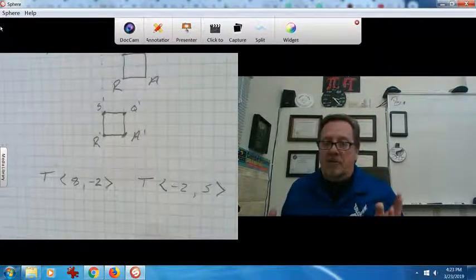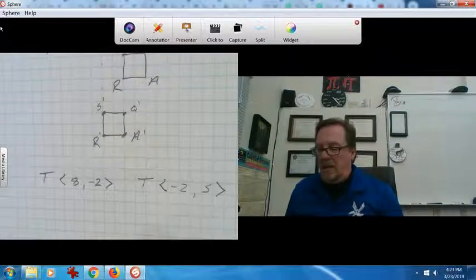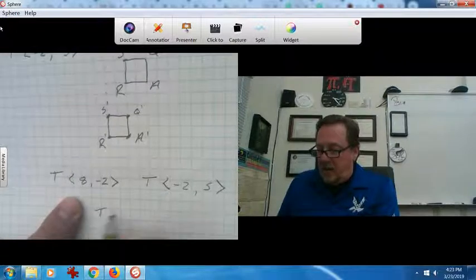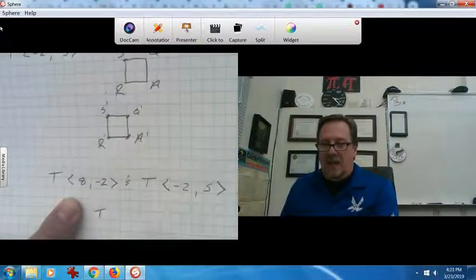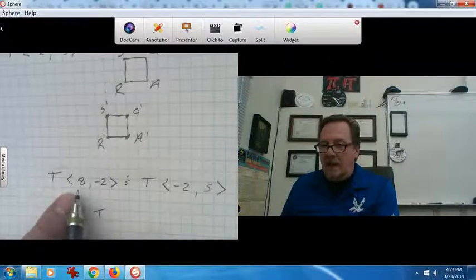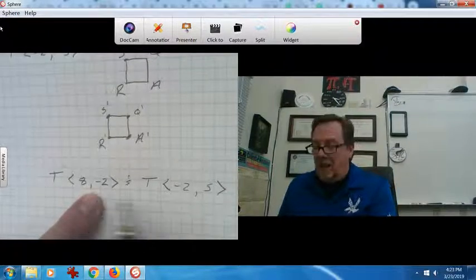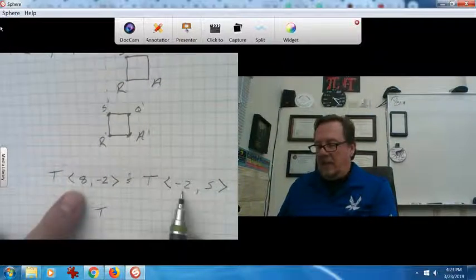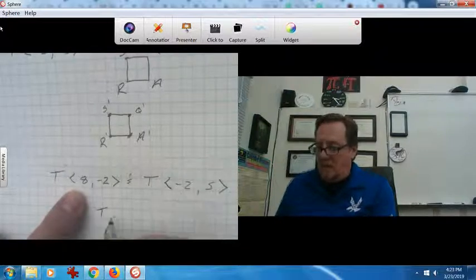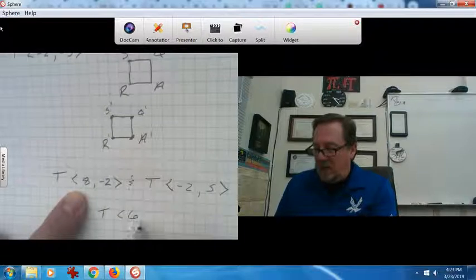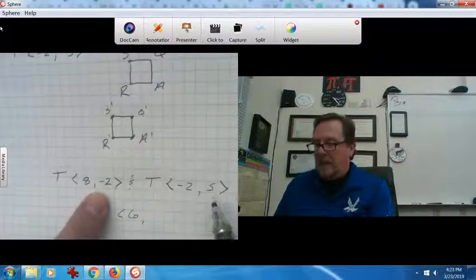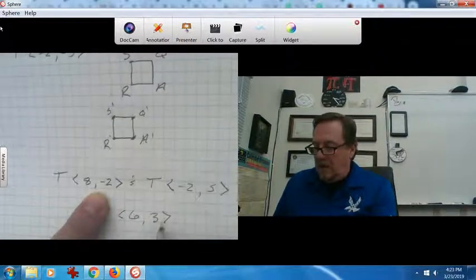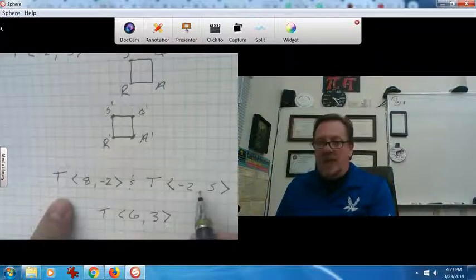But there's a shortcut to this. When you're composing them, you can just add your x values together. So if I did both of these, if I moved 8 in the x direction and then down 2 in the y, and then I moved negative 2 in the x direction, and then 5 in the y, I could just add these together and say, 8 minus 2 means really I'm only moving 6 in the x direction, and when I take negative 2 and add it to 5, it gets 3 in the y direction, so my combination is this.